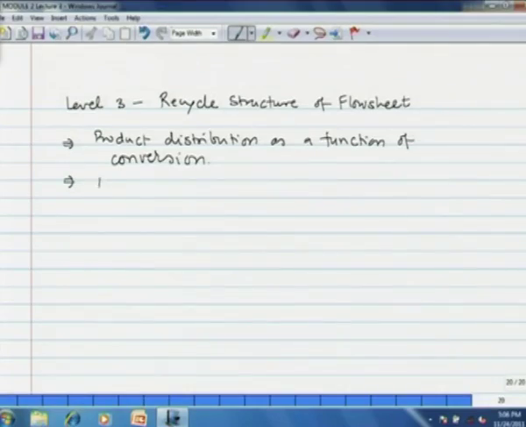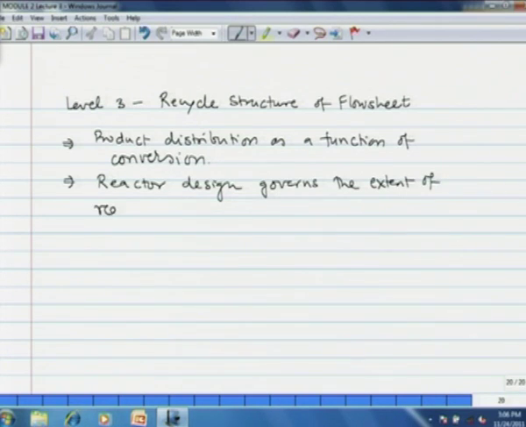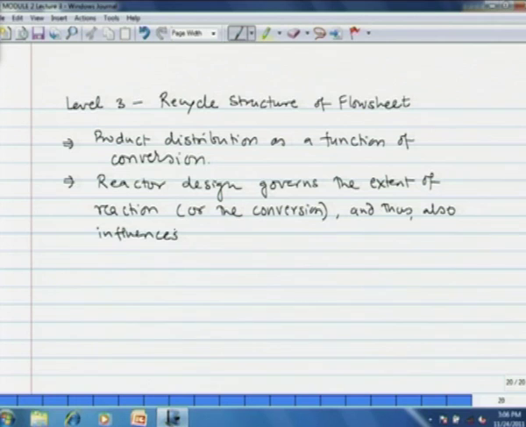So, at that point we note that reactor design governs the extent of reaction or the conversion and thus also influences the design of recycle structure.